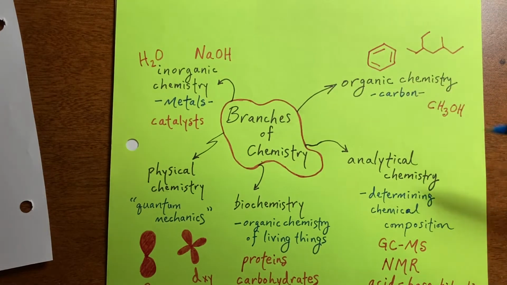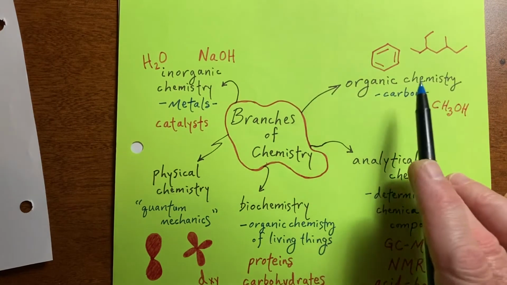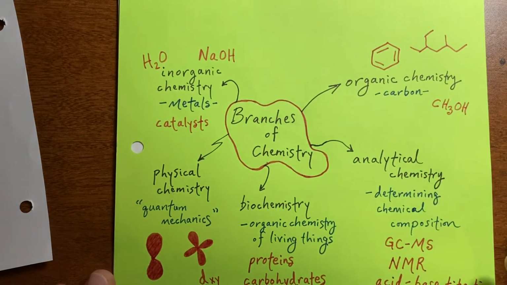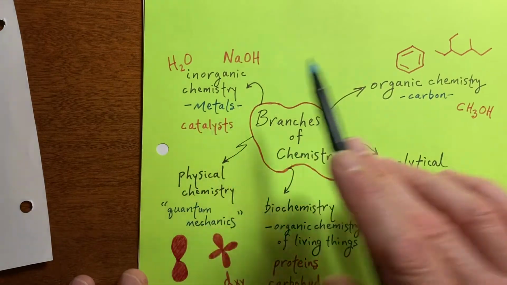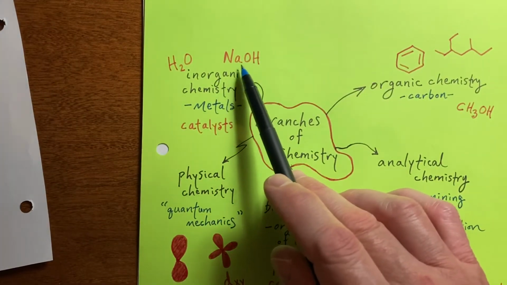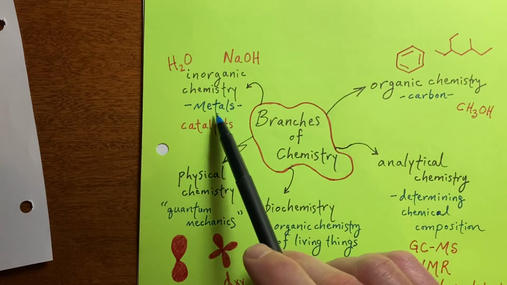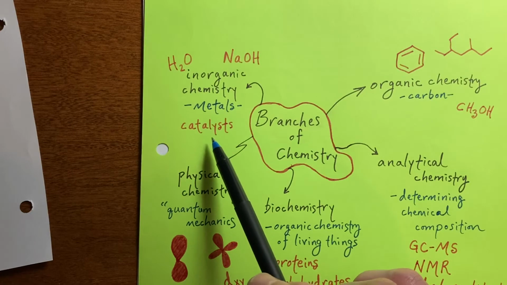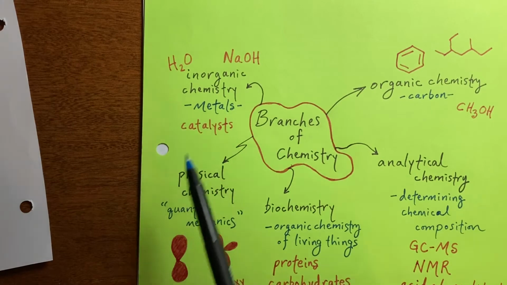Those are organic molecules made of carbon and alcohols. And the other main branch of chemistry dealing with everything else besides carbon is called inorganic chemistry. Molecules like water and sodium hydroxide, which is the stuff found in Drano, metals, and catalysts, which are used to make chemical reactions speed up. But that's inorganic chemistry.